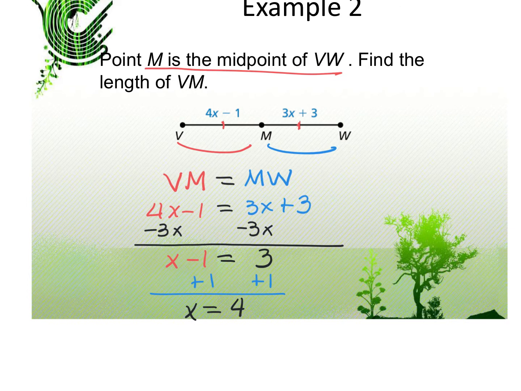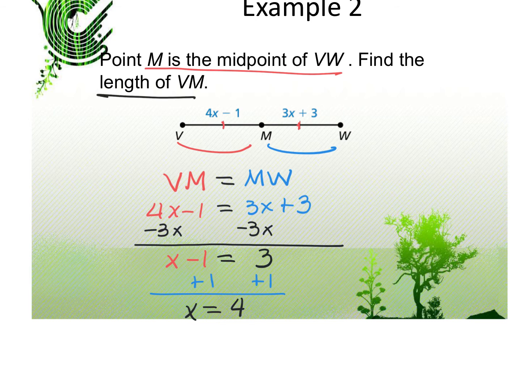Now, throughout the year in geometry, be very, very careful of what the question is asking you to do. This question did not ask me to find the value of x. It asked me to find the length of VM.